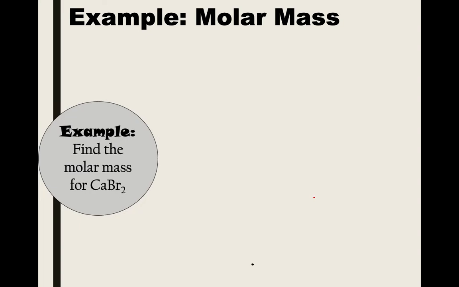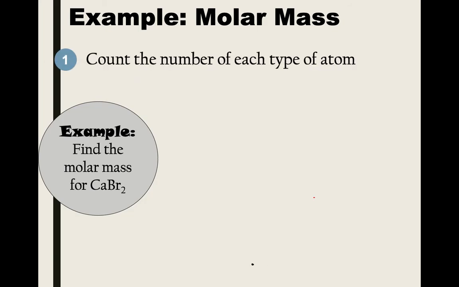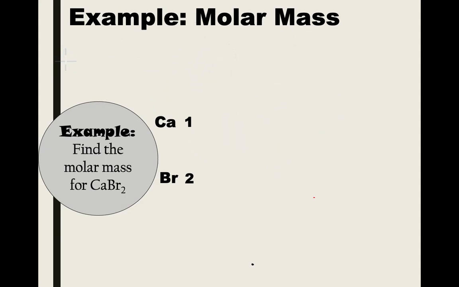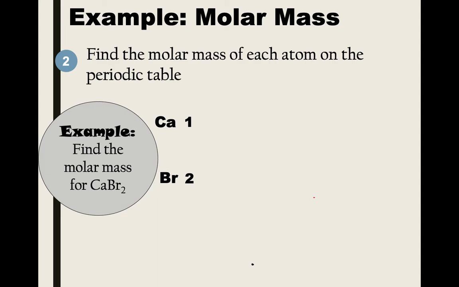So here we have a compound, calcium bromide. The first thing we want to do is determine how many of each element we have. So for calcium, we only have 1, and for bromine, we have 2. The next step would be to find them on the periodic table and look up their masses. So for calcium, it would be about 40 grams per mole, and for bromine, approximately 80 grams per mole.